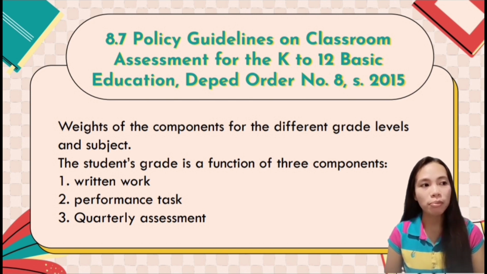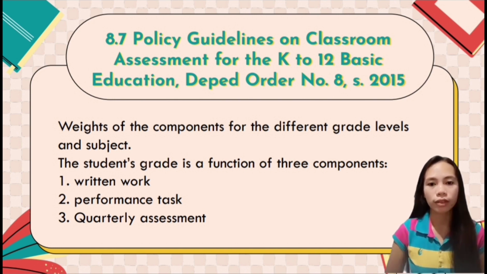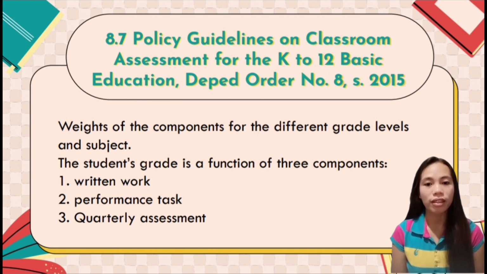In MAPEH, EPP, and TLE subjects, the written works has an equivalent of 20%, the performance task has 60%, and the quarterly assessment has 20%. If you have observed in the table, the subjects are divided into 3 groups.